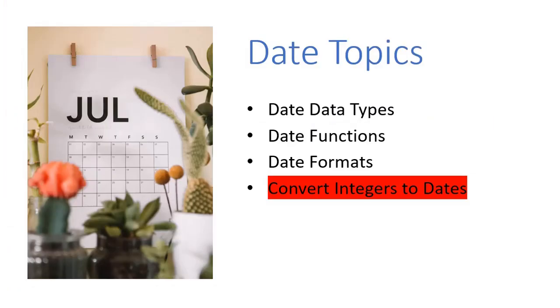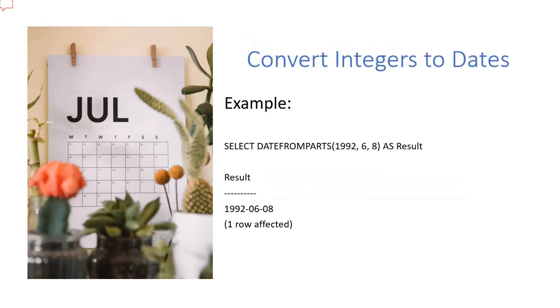The last topic I want to address is converting integers to dates. Now, you might have occasion to have a table with 3 different columns that are all integers. The first column could be a year number, the second column could be a month number, and the third column could be a day number.